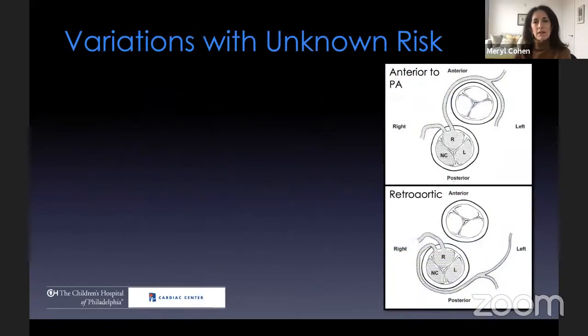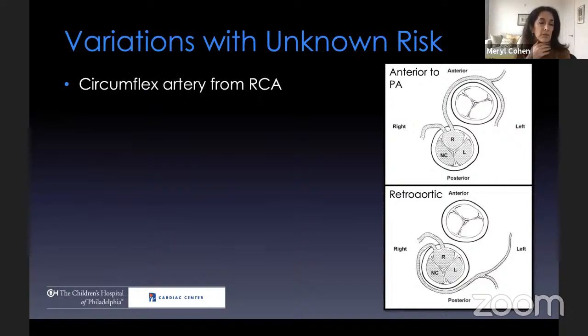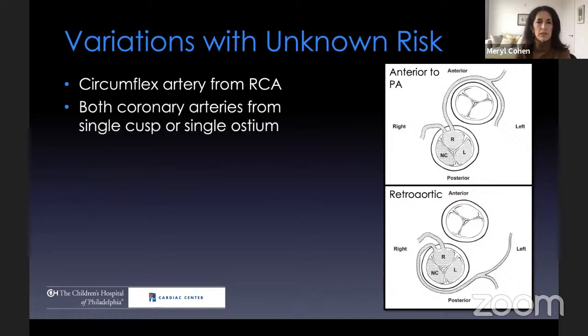So here are some of the variations with unknown risk. Again, some people call this benign, but we really just don't know if that's true or not. And that includes most commonly circumflex artery from the right coronary artery. You'll see this quite often in a routine echo that you do on a normal patient.